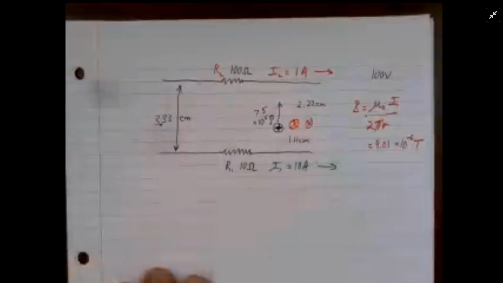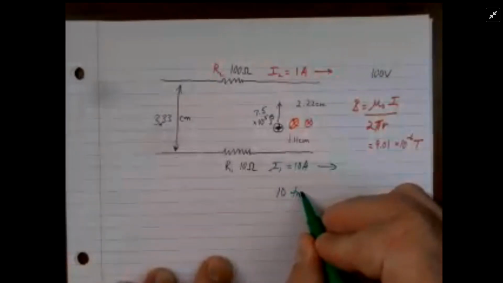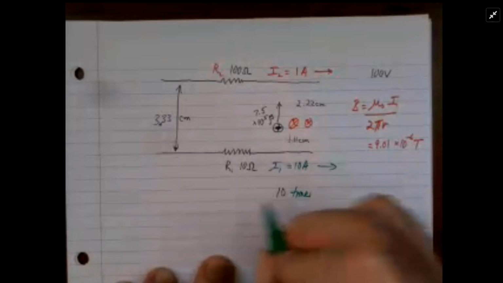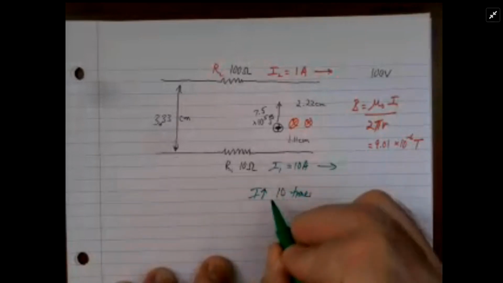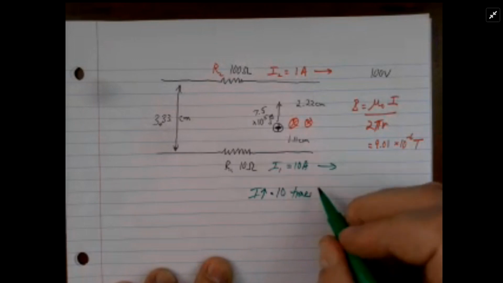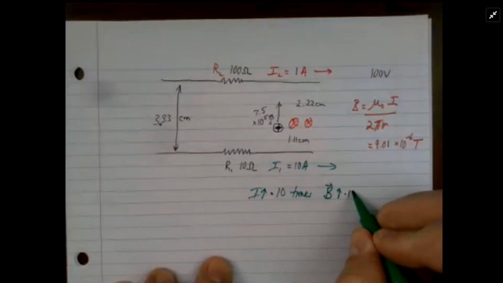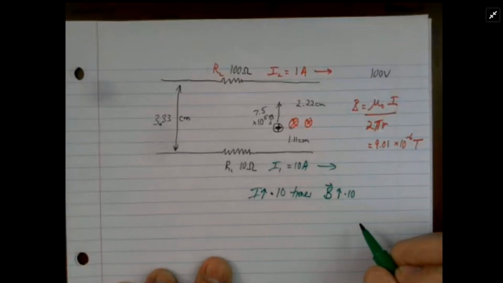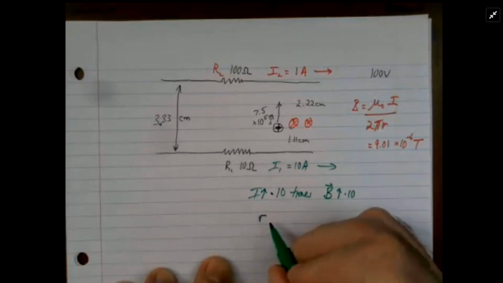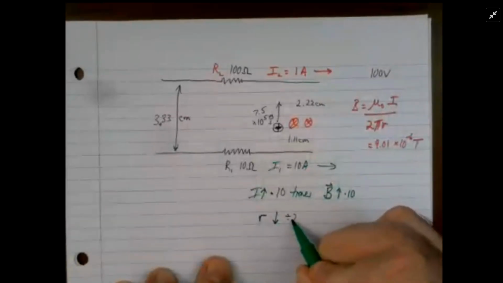Now, for the current down here, well, this one is 10 times the current. So I goes up by a factor of 10, and that's going to make the magnetic field go up by a factor of 10. And the radius goes down because it's closer, so the radius goes down divided by 2.